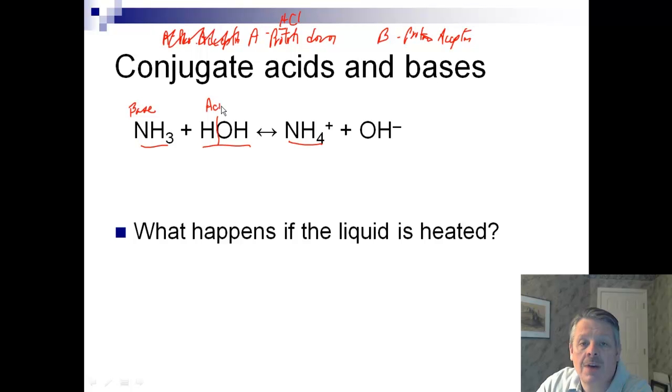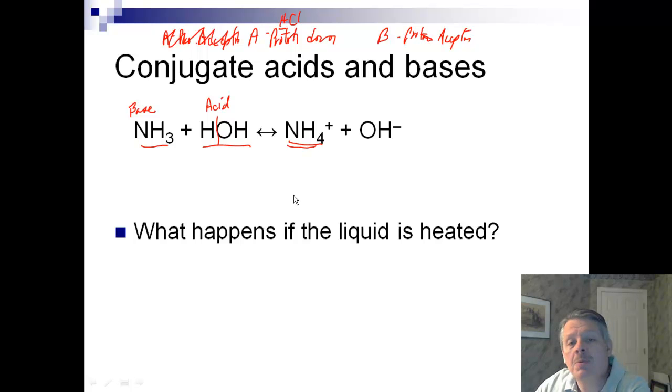So in fact, in this particular case where you've got ammonia in water, water is acting as an acid because it's donating a proton. Well, we know that water is neutral, but in this case, because we put ammonia in the water, the water is acting as an acid because it is donating a proton to the ammonia so it can become ammonium.